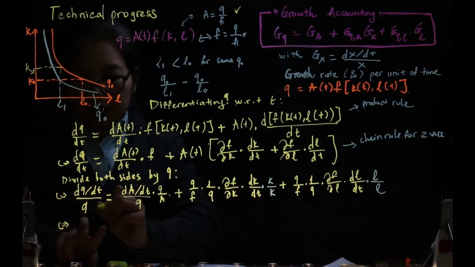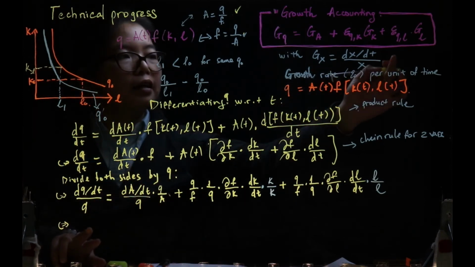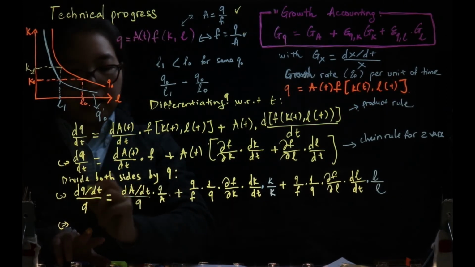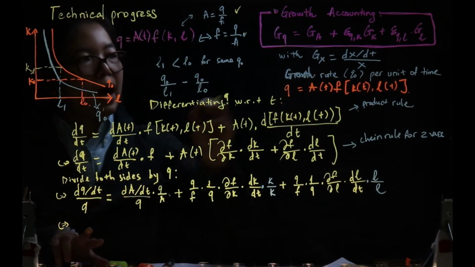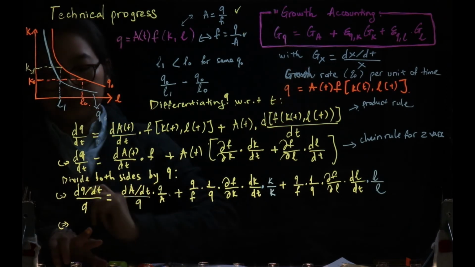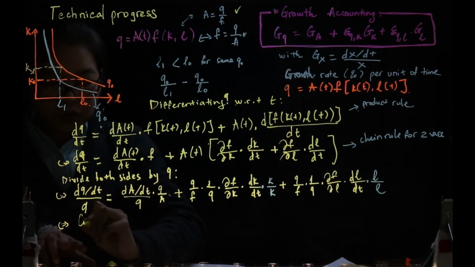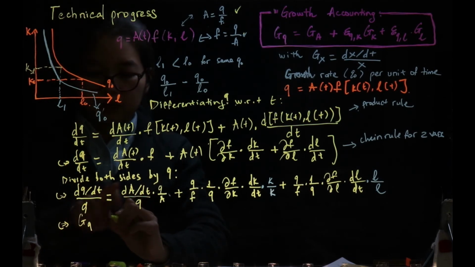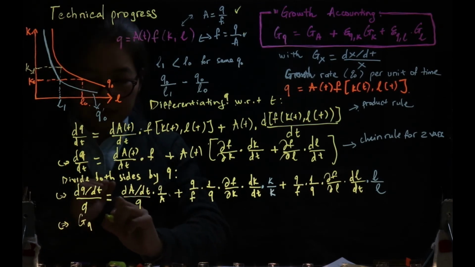Now, on the left hand side, you already have exactly the definition of growth, but now the x is replaced by Q. So that's the growth in output Q, right? Its derivative with respect to time, then divided by itself.